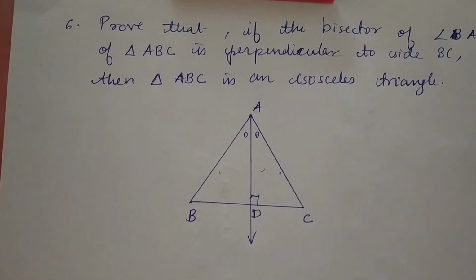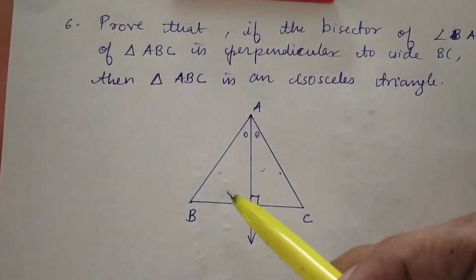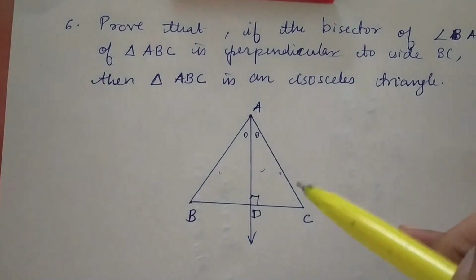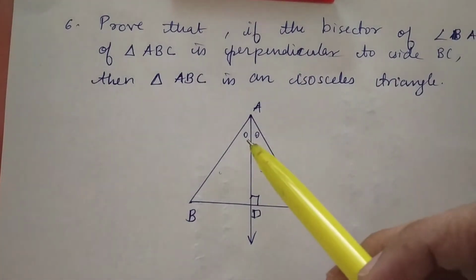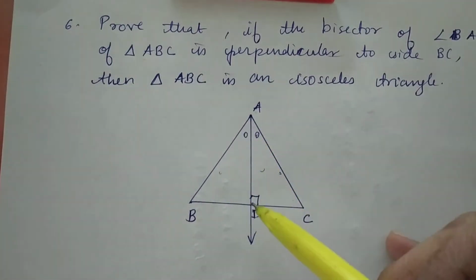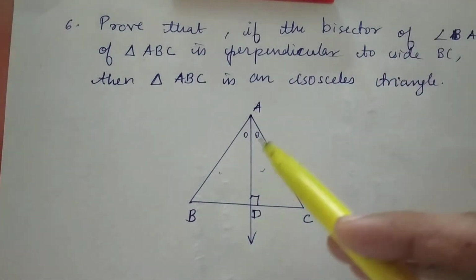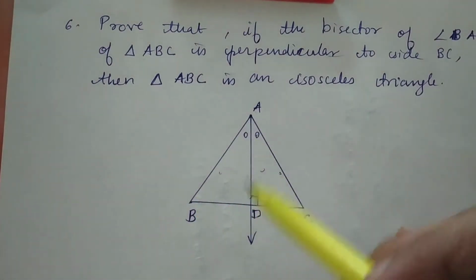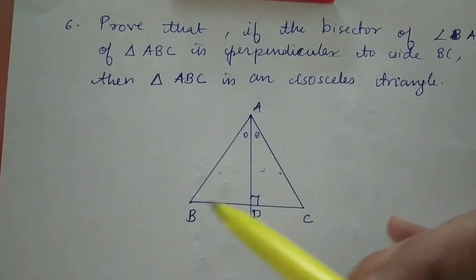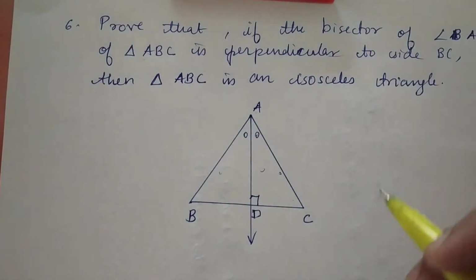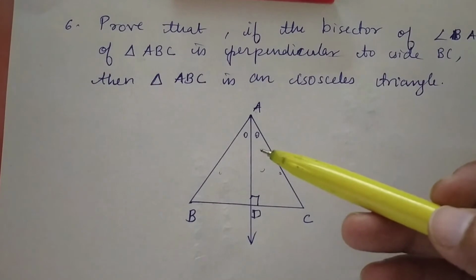So the first step is going to be to prove these two triangles congruent. How do I prove these two triangles congruent? First thing, I can see these two dots here. This shows that these two angles are congruent, which is already given to us since it is an angle bisector. So we'll say in triangle ABD and triangle ACD, angle BAD and angle CAD are congruent because it is given to us.